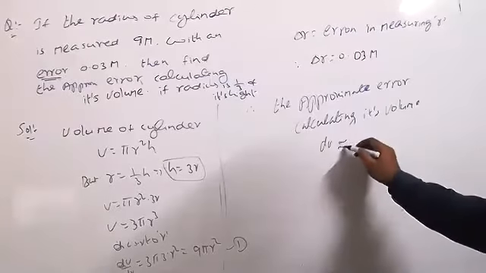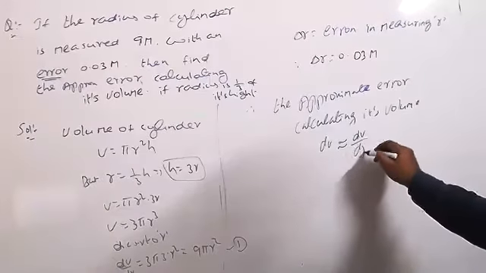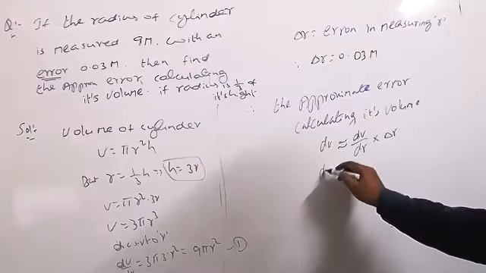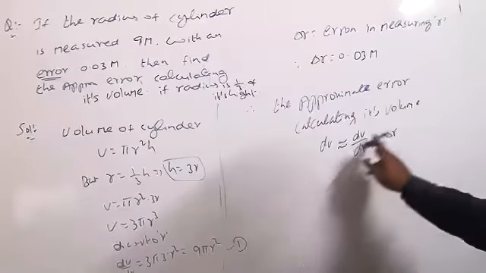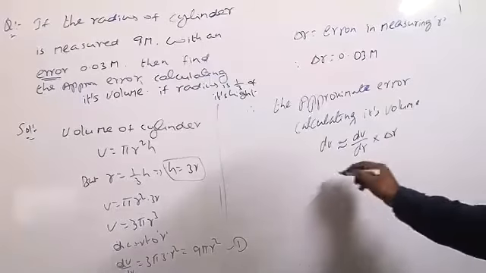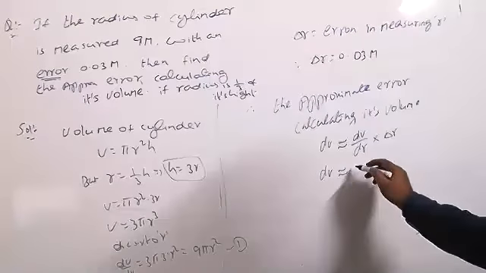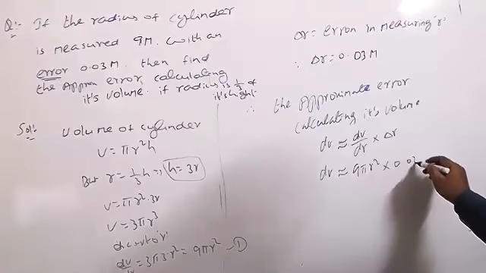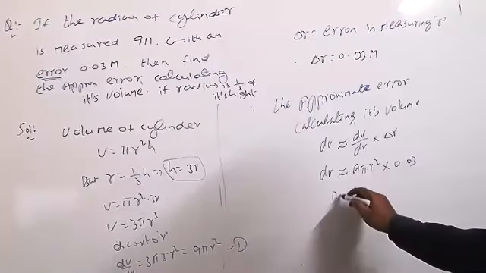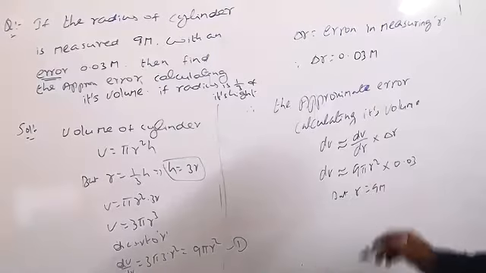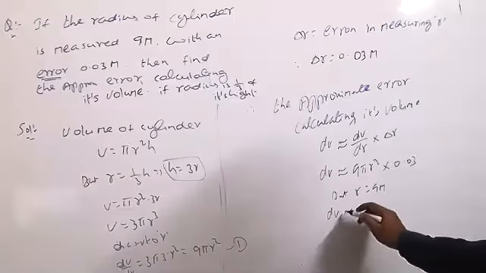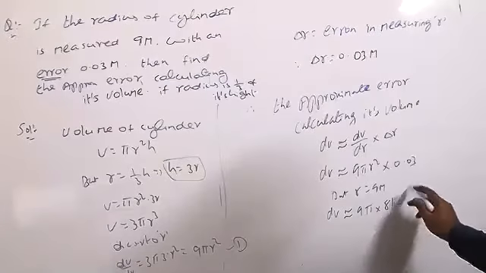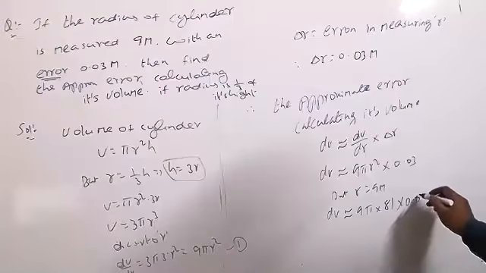dV is approximately dV by dr into delta r. We know delta r equals 0.03 and the radius is 9 meters. Therefore dV is approximately 9 pi r square into 0.03, which is 9 pi into 81 into 0.03.